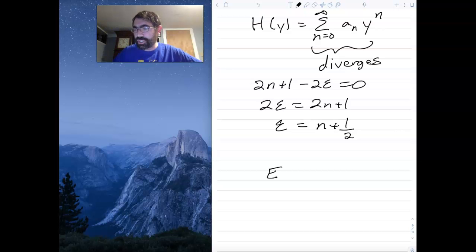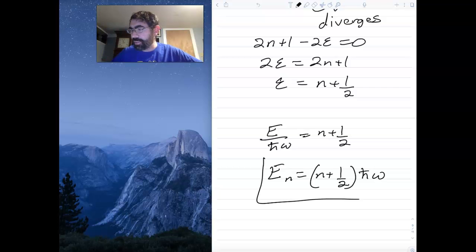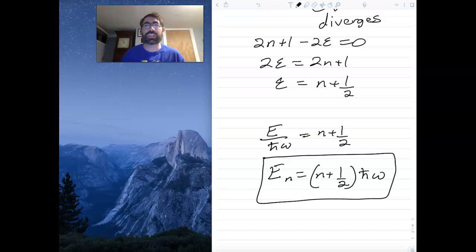So my energy over h bar omega is n plus 1/2. So I now have the quantized energy levels. From the recursion relationship, I've now found that the energy of every level in the harmonic oscillator is just the index n plus 1/2 times h bar omega. So we'll investigate that more in the next lecture.